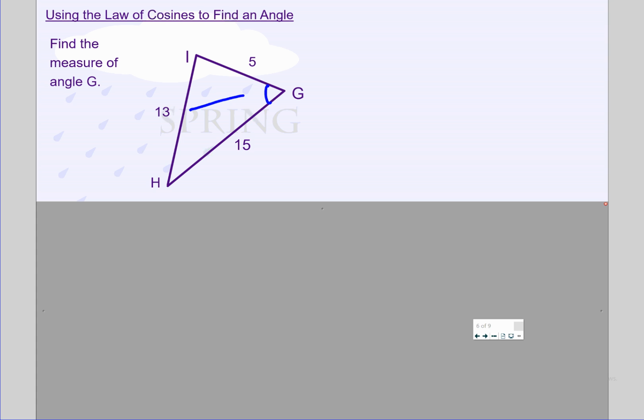So G is opposite 13. That's my one pair of opposites with 2 additional known side lengths. So that tells me I can use the law of cosines. And I'll put the formula on here one more time. c squared equals a squared plus b squared minus 2ab cosine capital C.